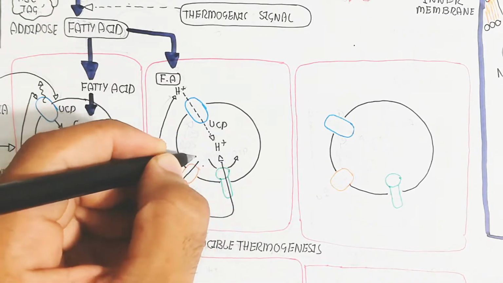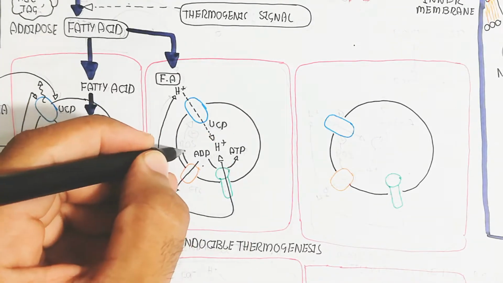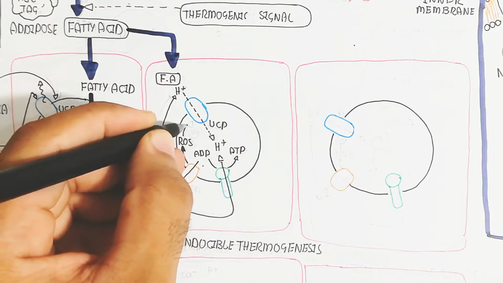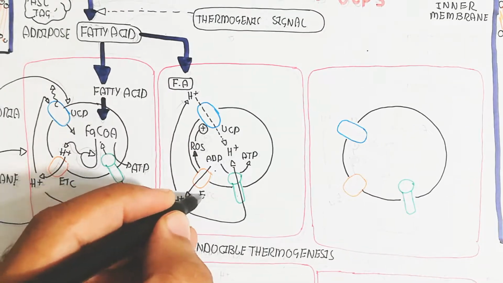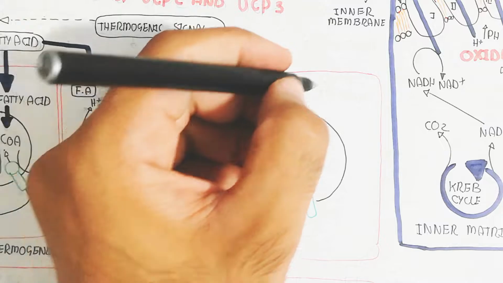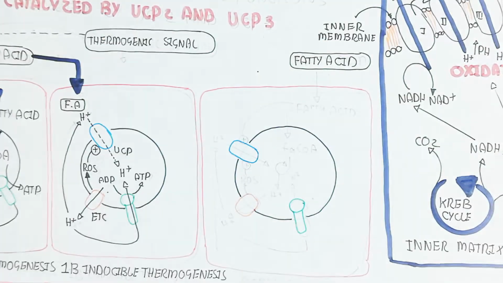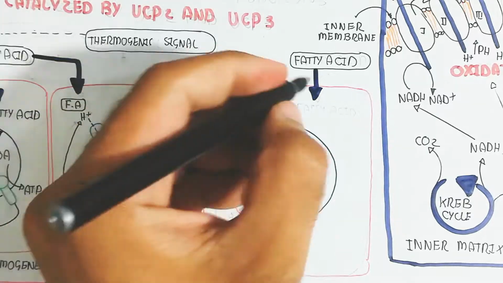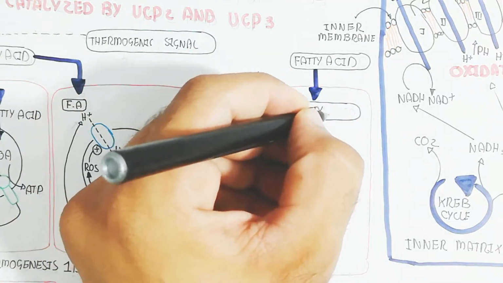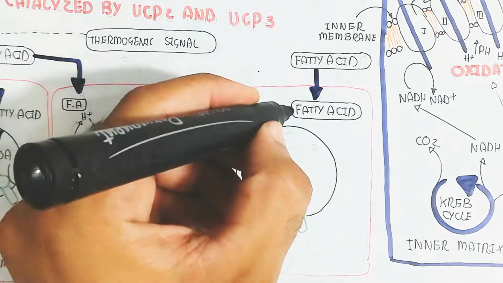On the other hand, the electron transport chain produces protons and ADP is converted into ATP as the protons move inside, while the electron transport chain also produces reactive oxygen species, which increase the UCP activity and produce heat energy.